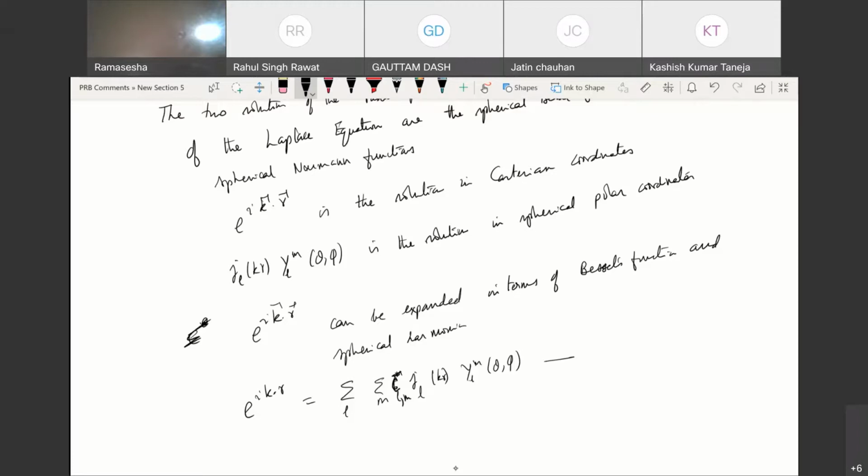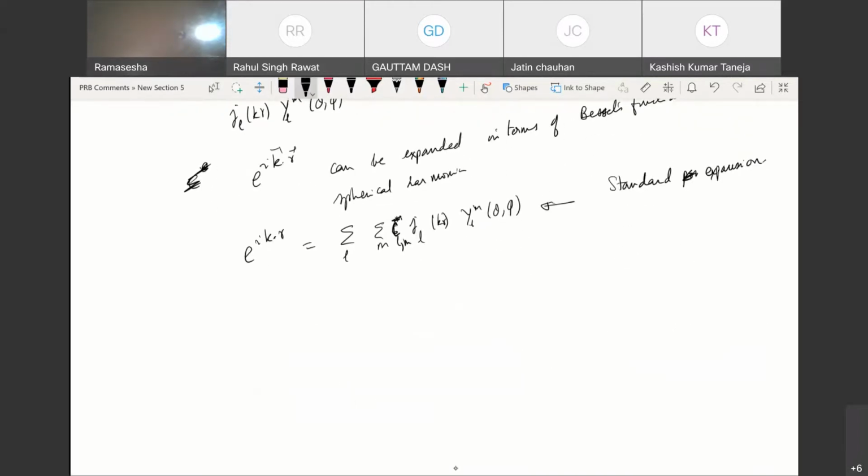Okay, and this is extremely useful. This expansion is useful in problems involving scattering of free electrons by a spherical potential.